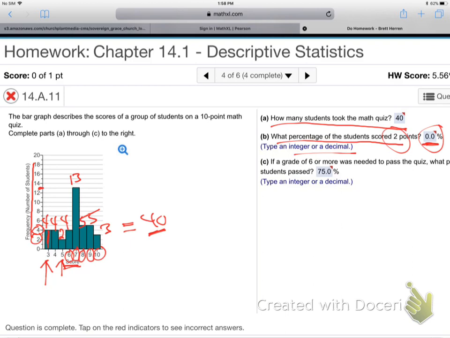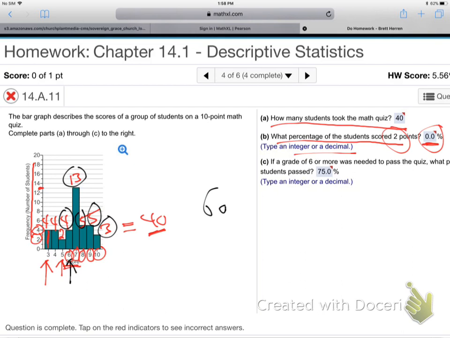So how many got a score of 6? 4. See, all these people got scores of 6 or more, huh? The ones I just circled, all those people got scores of 6 or better. So you just add those up.